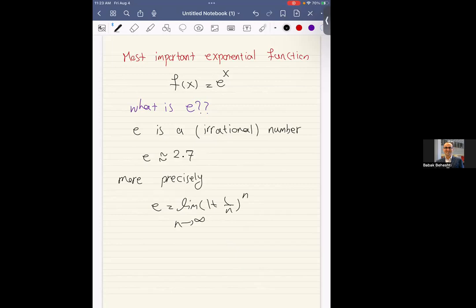So try to compute this limit for big values of n. For example, compute 1 plus 1 over 100 to the power 100.